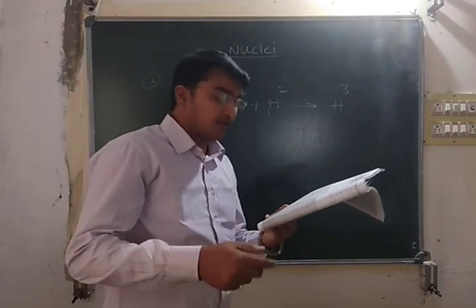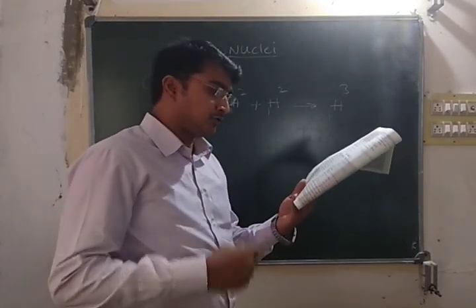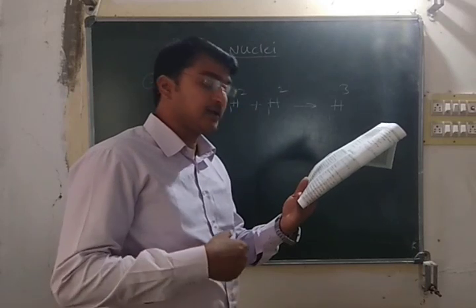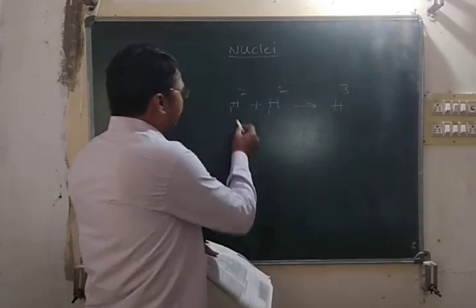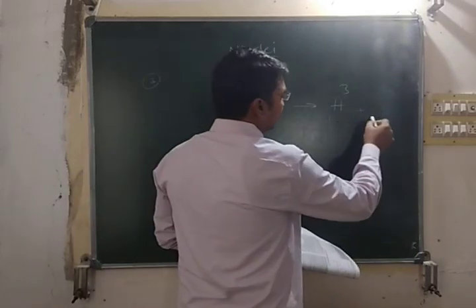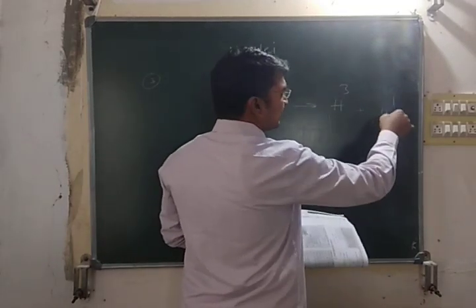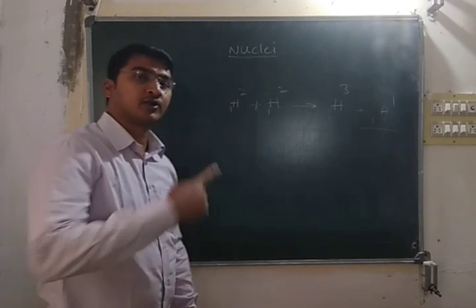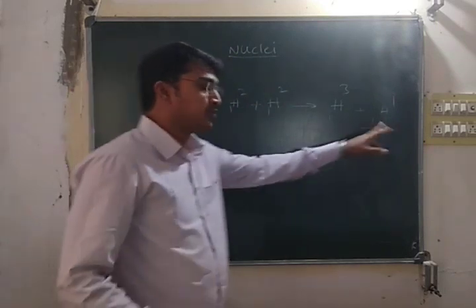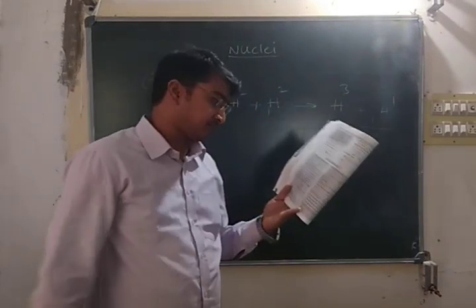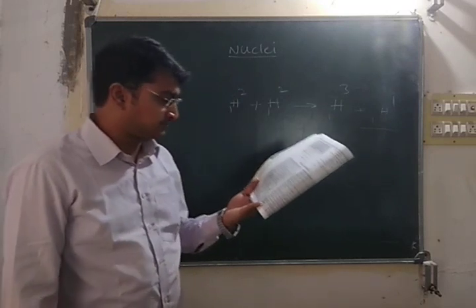Then we get neutron, deuteron, alpha particle, proton. What do we get? Balance it: 1, 1, 1. So here it comes to 1, 2, 2, 4, 3. Then H11, proton. So what we get is proton. Option D, proton.